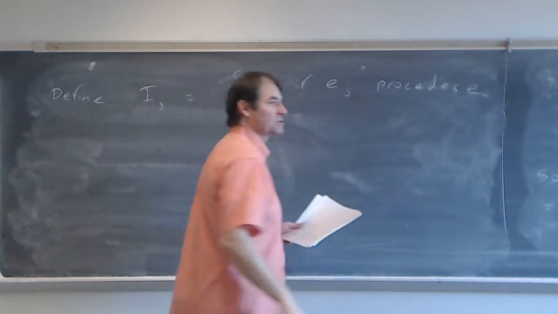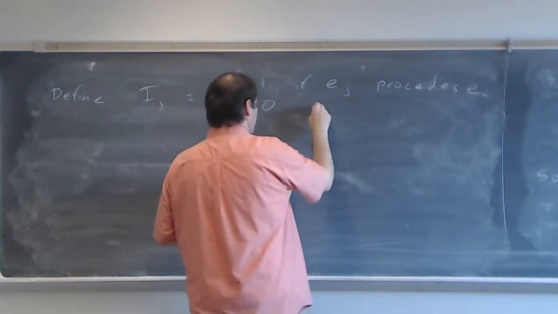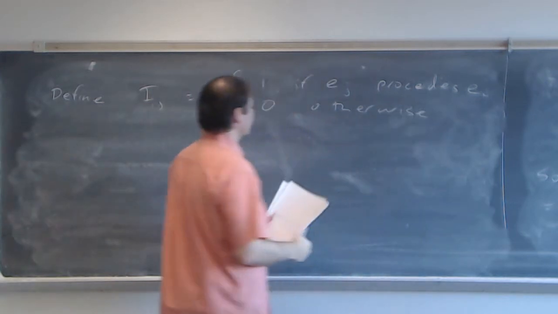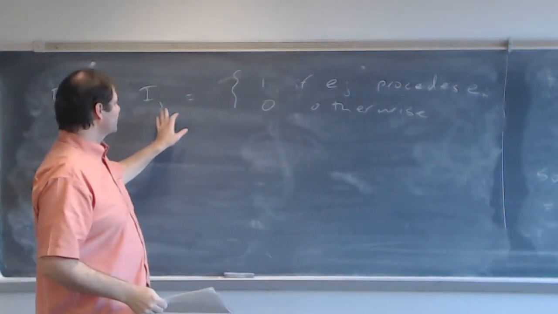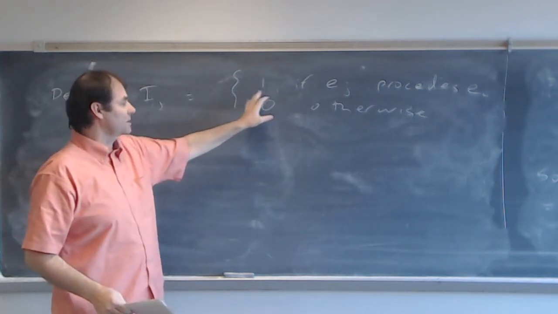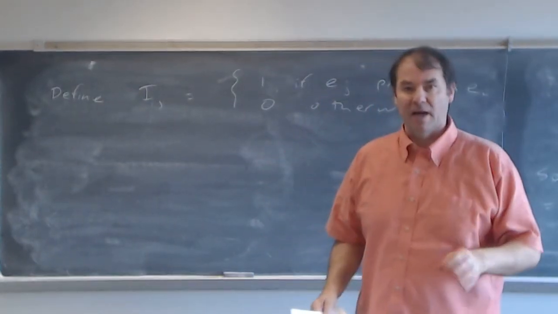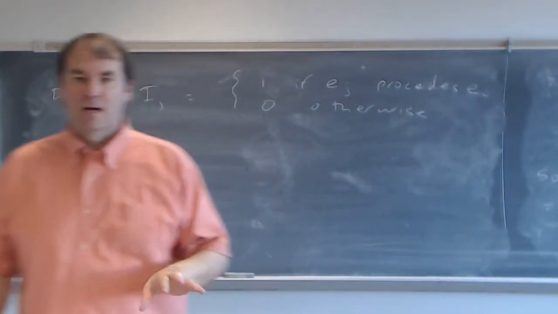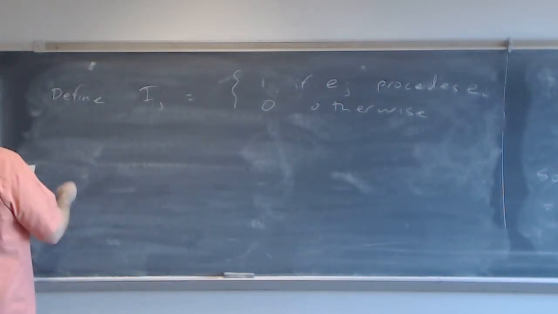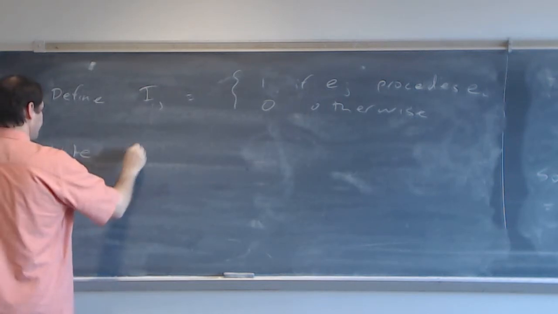I'm trying to figure out the position of E_i. So this I_j indicates whether E_j precedes E_i. To find out the position of E_i, I'm going to sum up these I_j's, and that will give me something about the position of E_i.